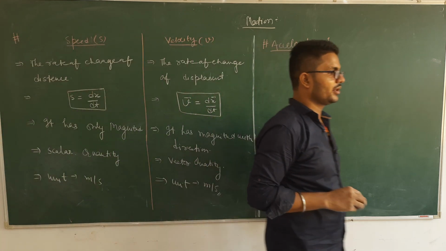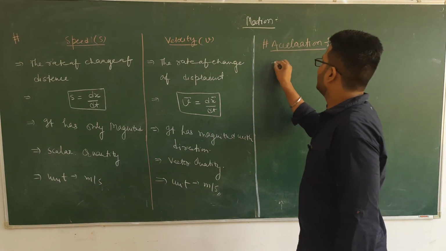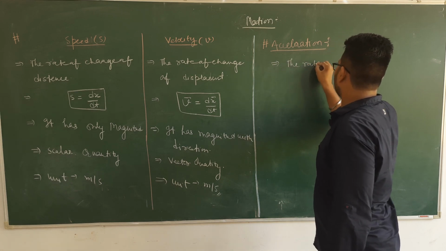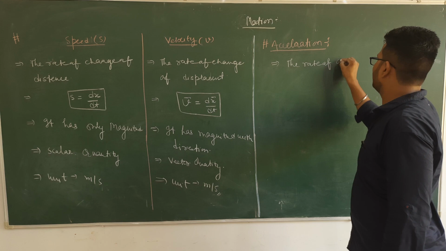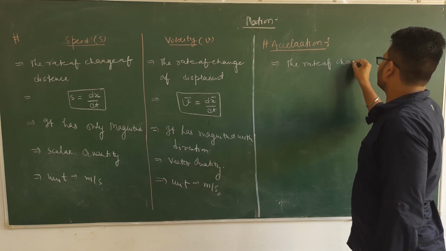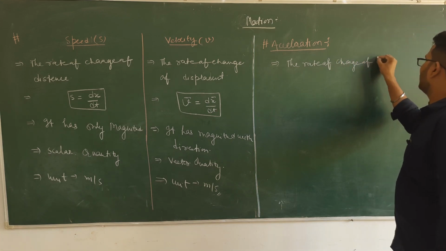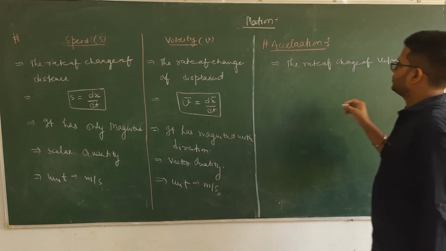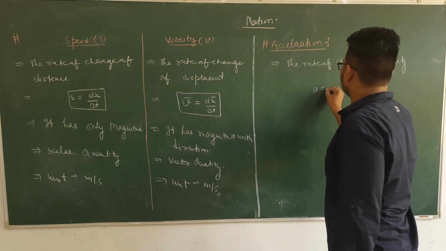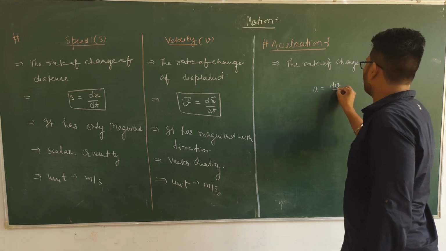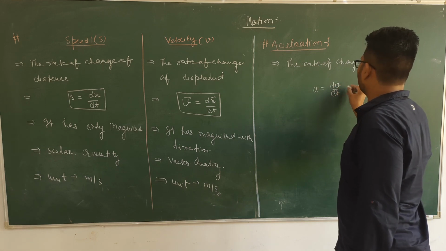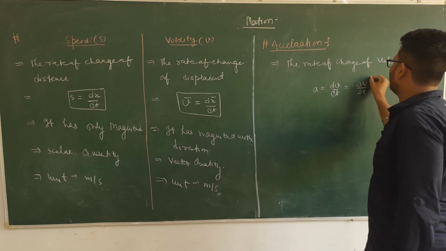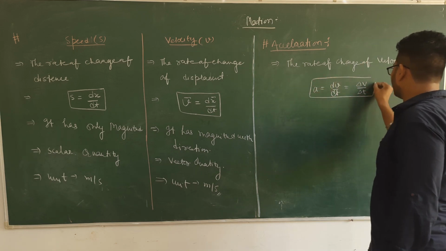Acceleration is the rate of change of velocity. The rate of change of velocity: a is equal to dv upon dt. This is also written as delta v upon delta t.